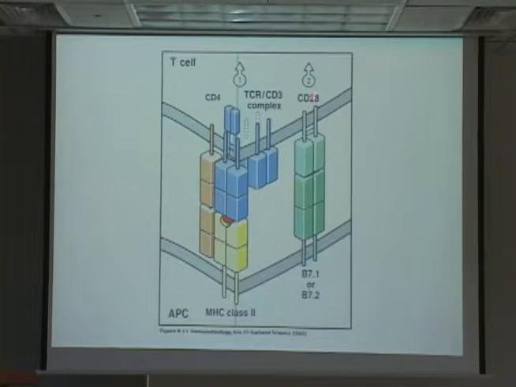And CD28 binds to ligands, and there are 2 of them, B7-1, B7-2, also called CD80 and CD86. But let's just call them B7 on the APC. And this provides, or is thought to provide, a separate signal called signal 2, which is crucial for an effective immune response.